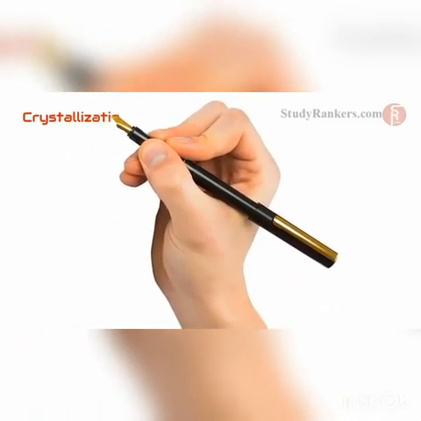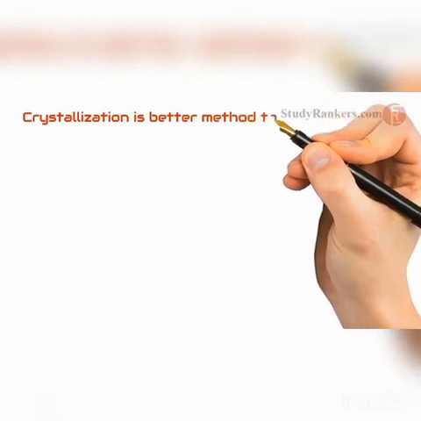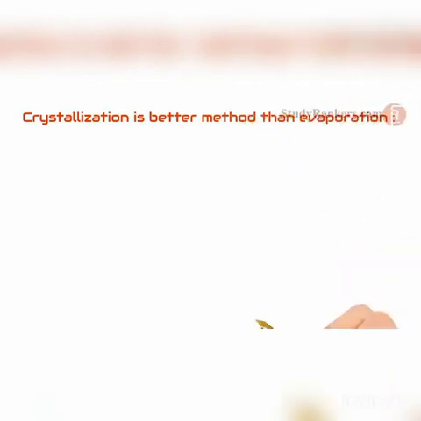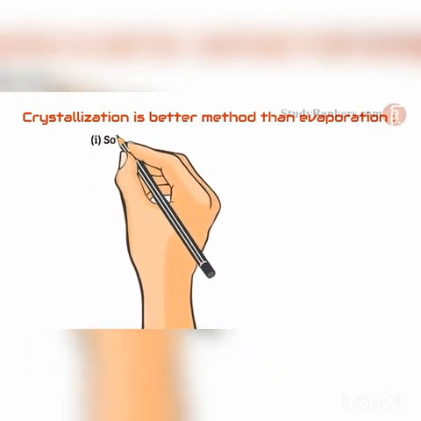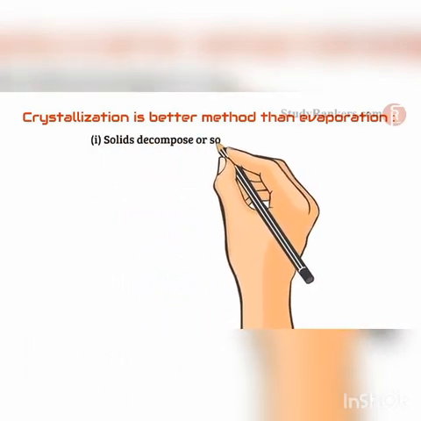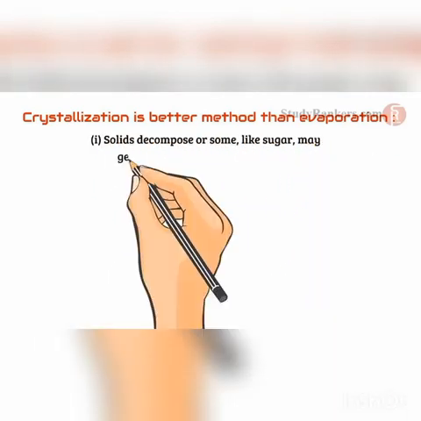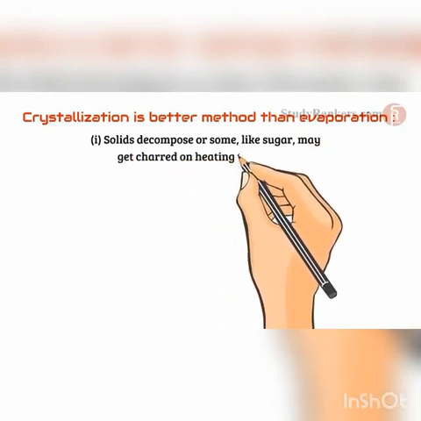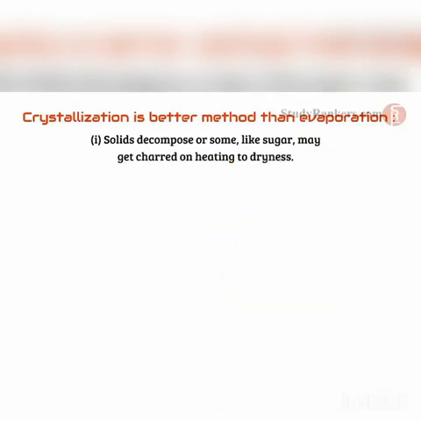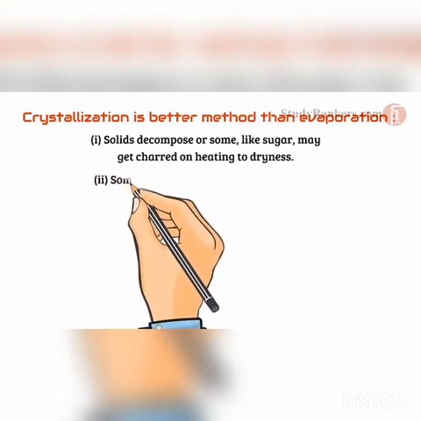Now, evaporation is also used to separate impurities from a solid. Then why do we use crystallization? Well, crystallization is a better method than evaporation. It is because some solids decompose on evaporation, like sugar.